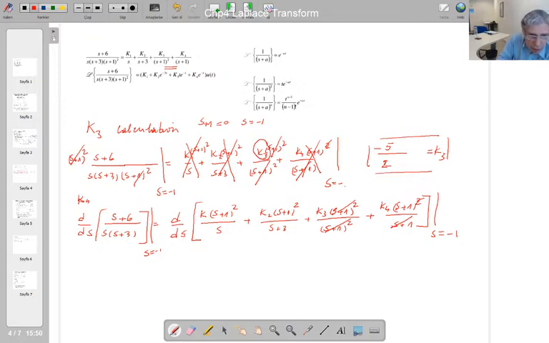Why is that? Because this is a ratio, isn't it? We find the derivative of the numerator multiplied by the denominator, minus the derivative of the denominator multiplied by the numerator. I will do it for this one, for example.